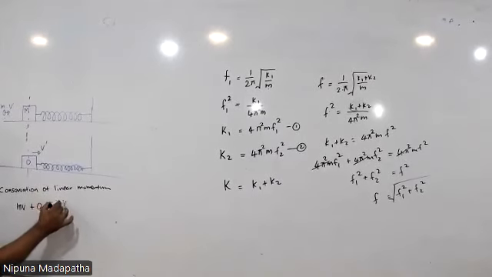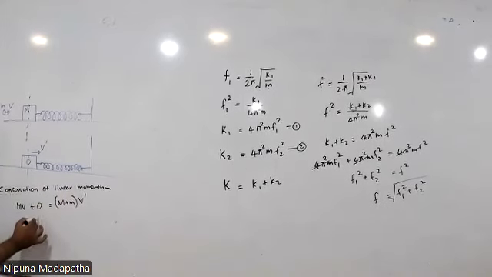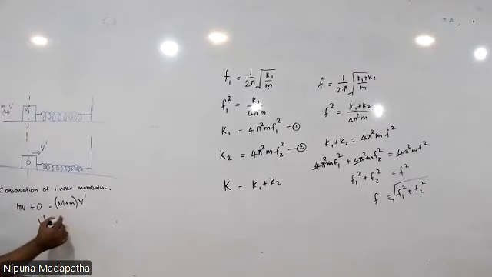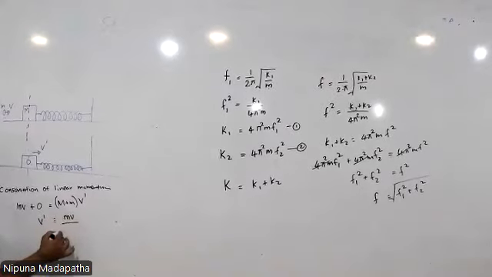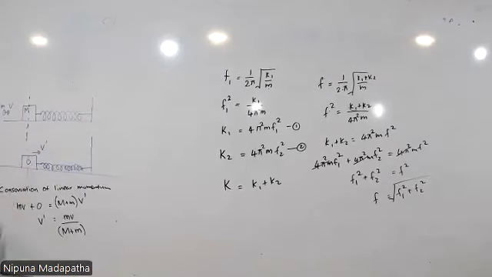The final momentum of the system is small m plus capital M times v dash. So v dash, the final speed of the system, is small m v over capital M plus small m. That is the speed after the collision.